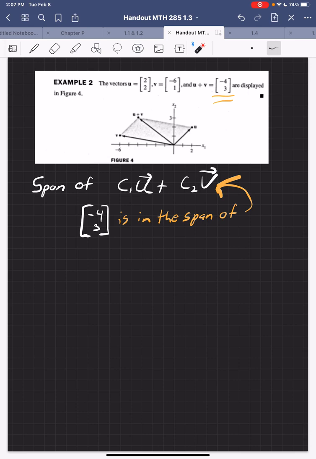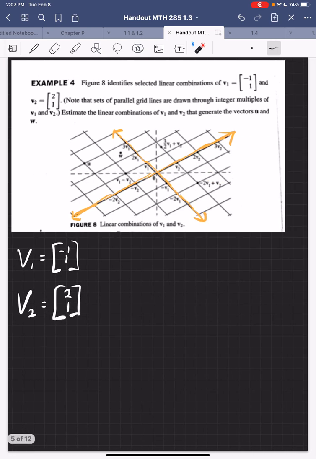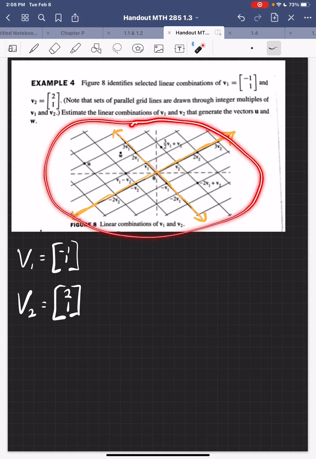Now, to hone in on this idea, let's start to look at a different set of grids. We are very used to the xy plane when we're plotting points. Notice now, instead of the xy plane, we are going to build a coordinate system based on two other vectors.